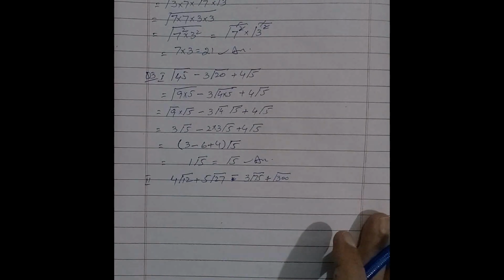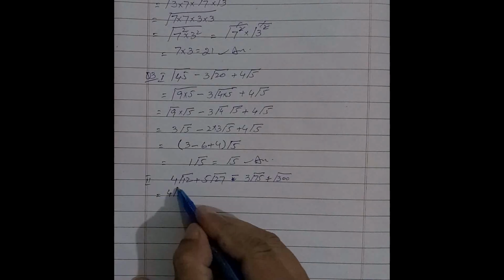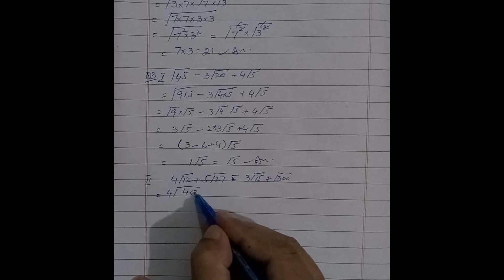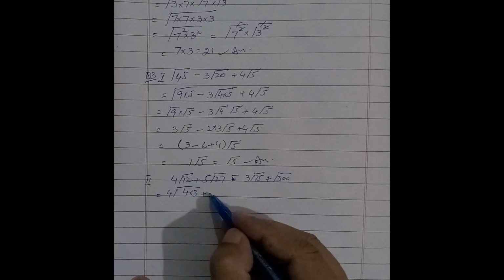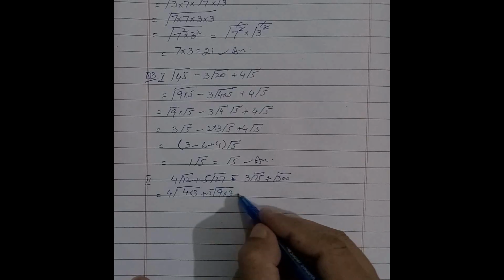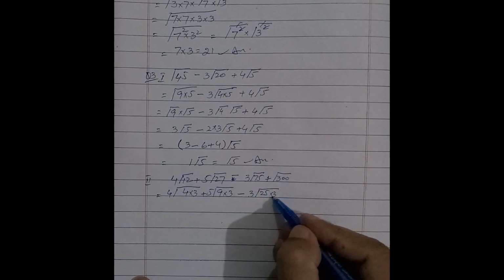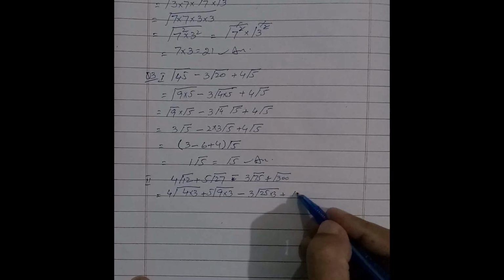Now we simplify them, in which √12 is √4 multiplied by 3, plus 5 √9 multiplied by 3, minus 3 √25 multiplied by 3, plus √100 multiplied by 3.